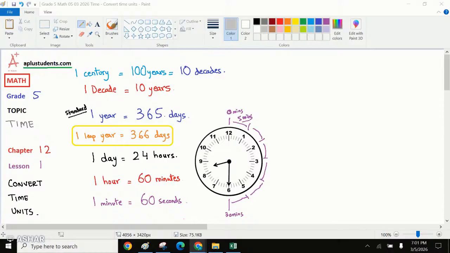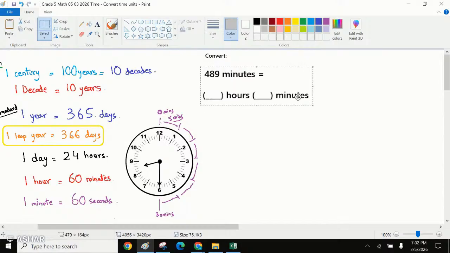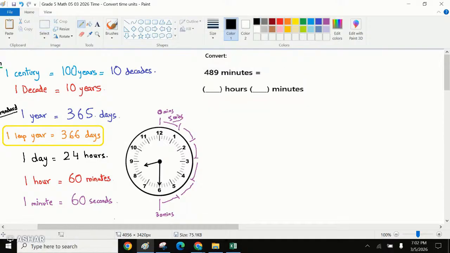So let's say the first question says, question number 1, we need to convert 489 minutes into hours and minutes. So let's see how many hours and how many minutes would be there in 489 minutes.